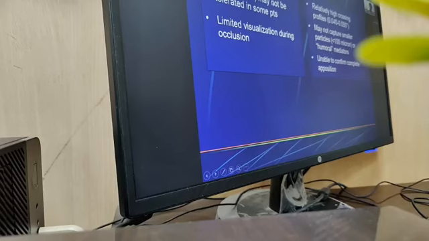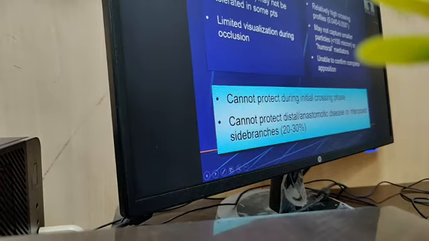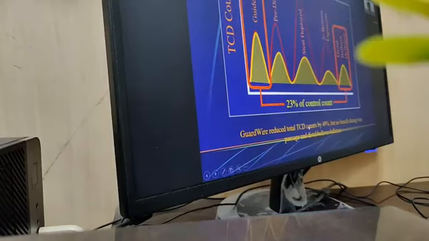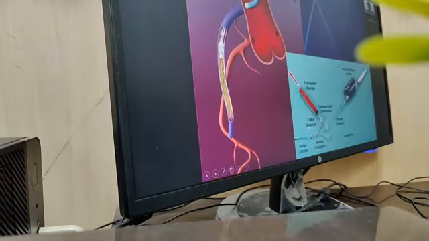There are limitations of both, and neither can protect the initial crossing phase. This is important: when you cross with the wire, some embolization can still happen. They also cannot protect distal anastomosis disease or interposed side branches. These are the limitations of distal protection devices.